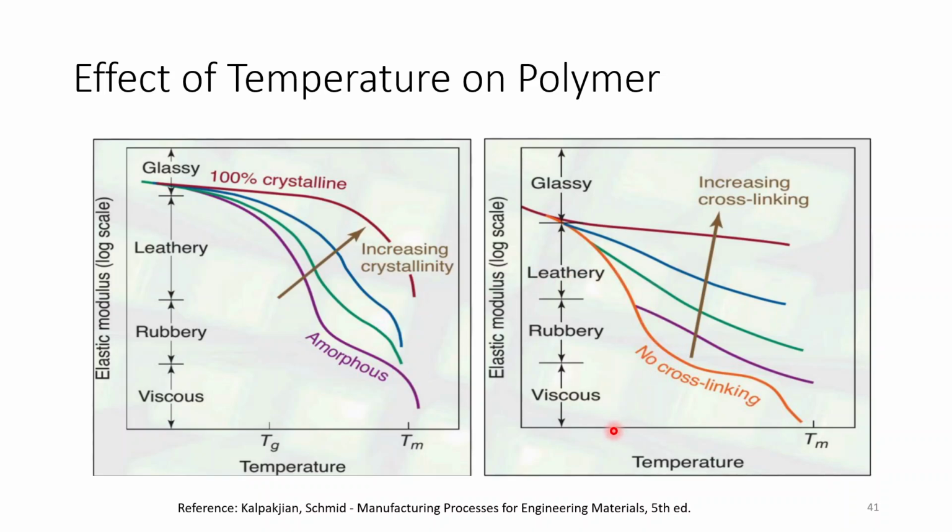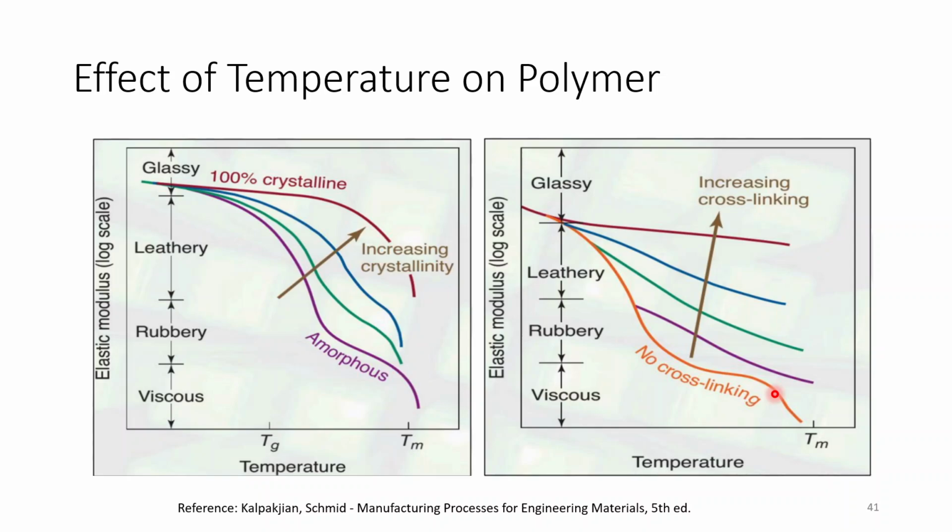Then at a particular temperature, based on how your elastic modulus is changing, you have various regions as well. You have glassy region, and after that as you heat, your material will become leathery, rubbery and finally viscous before melting.